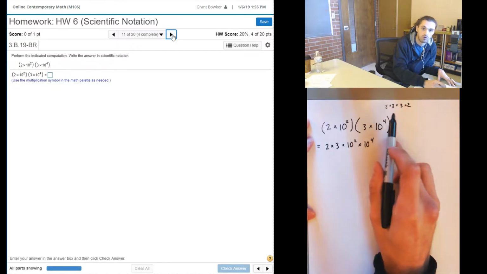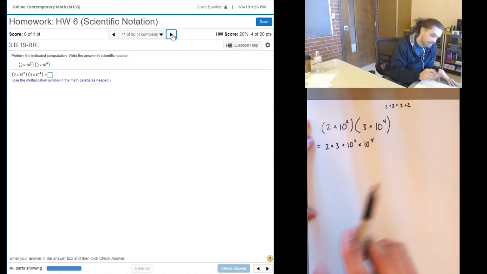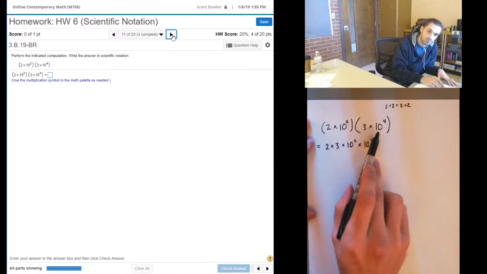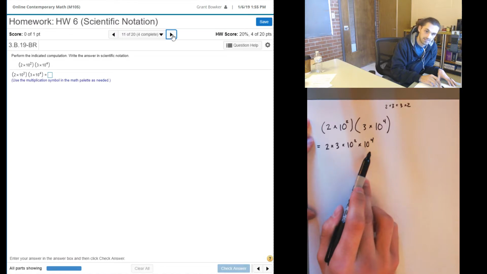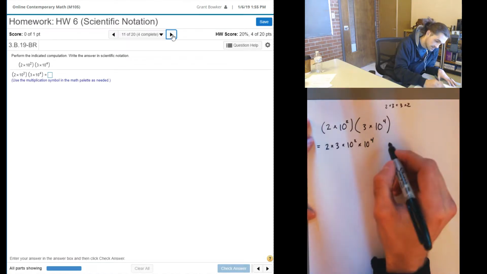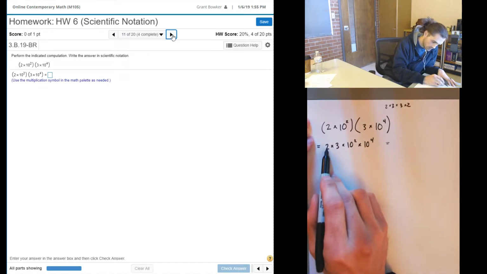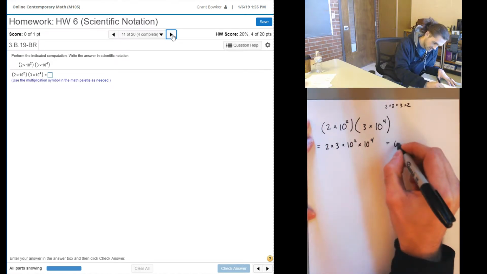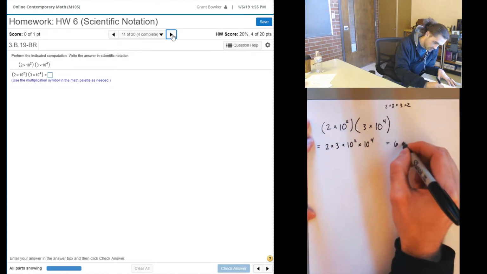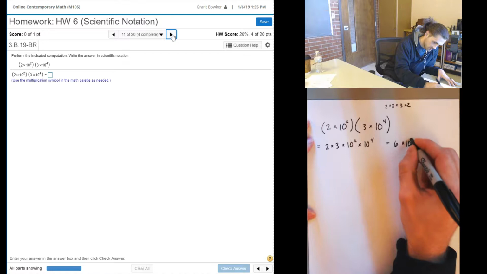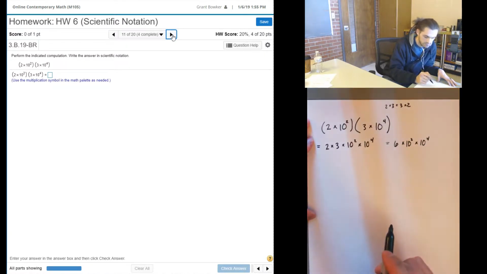So that's saying the order of multiplication does not matter. We do that because we know what 2 times 3 is. That's 6. And we're going to multiply by 10 squared times 10 to the 4th. So we're making headway.